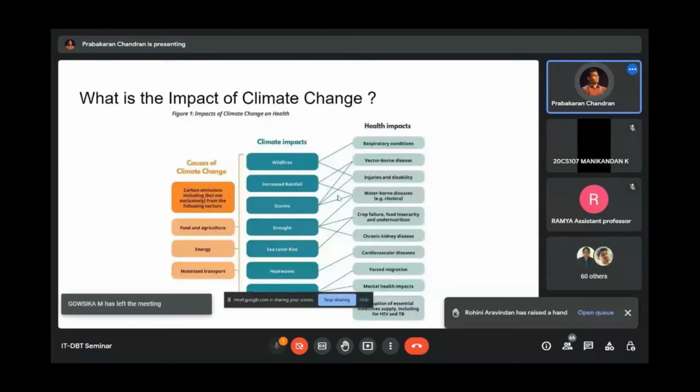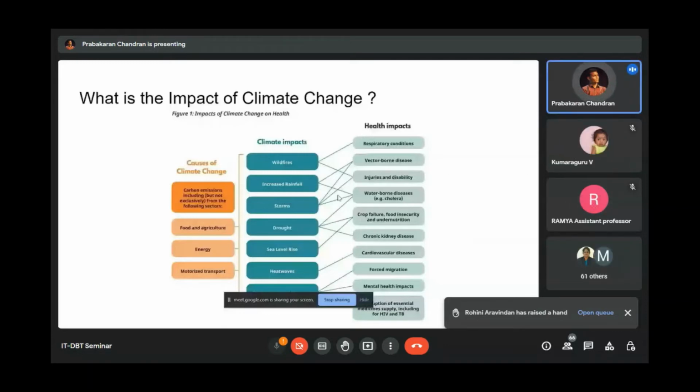And when we have water without proper quality, that will implicate kidney related issues, which are chronic in nature, which we will be facing for a long term, right? So these are the common health related implications that we are facing due to the climate, but most of these issues are not being addressed properly.